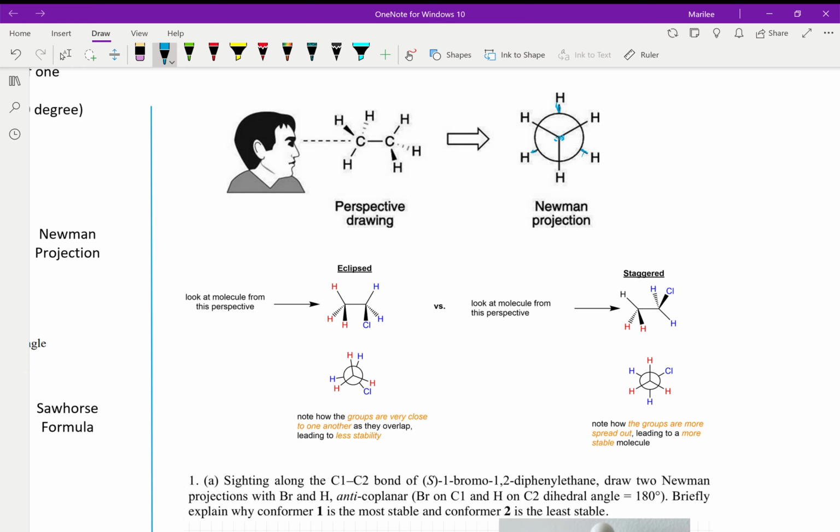That's showing the second half. So the circle is this part, and then the dash parts are here. This carbon you don't see from this point of view, but you know it's in the back.